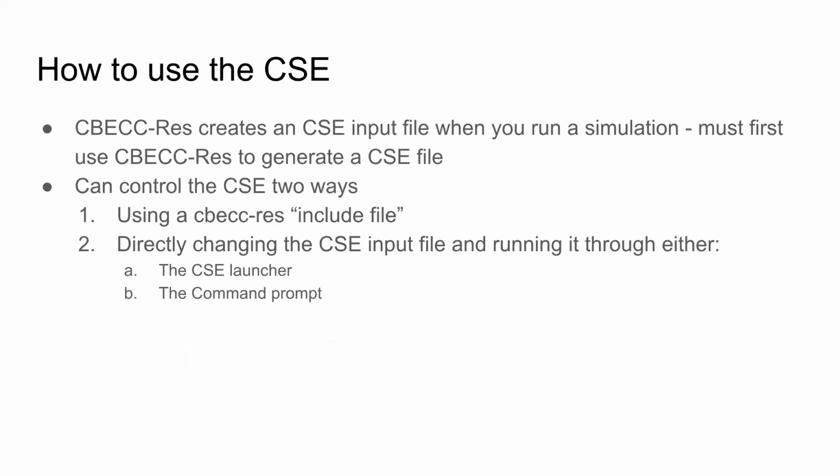So now going into how we use the CSC. First you want to go into CBECC-Res, and then you run the model. After you run the model, this creates that CSC input file.